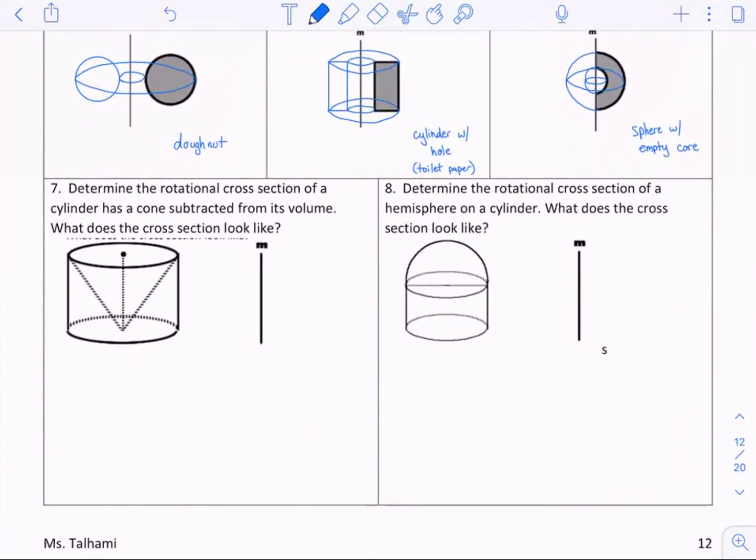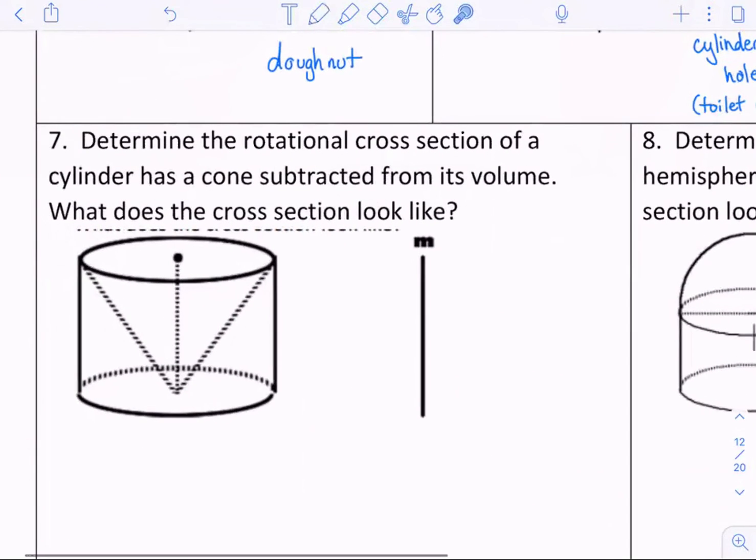And then the last thing, number 7, they're telling you this is the 3-dimensional shape made, but there's a cone subtracted from its volume. So if I subtract this cone, I have to imagine what shape I would rotate around this. Your first step is to cut this in half because you don't want to use the whole shape.